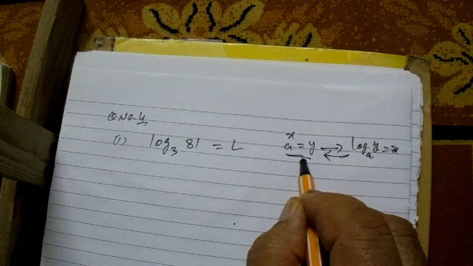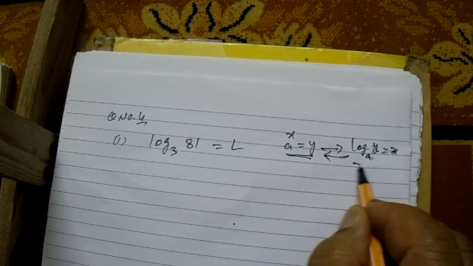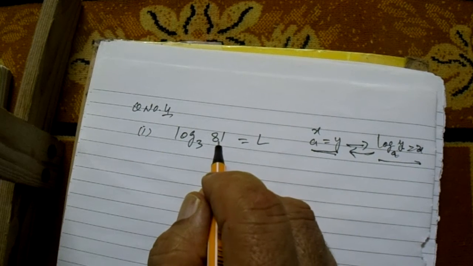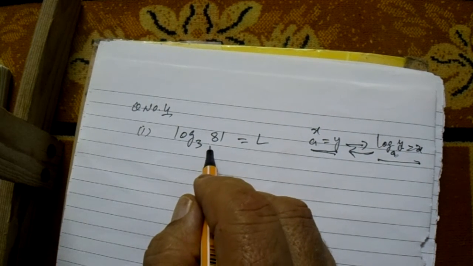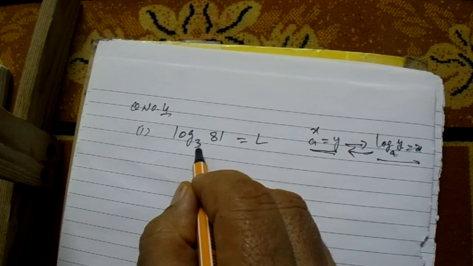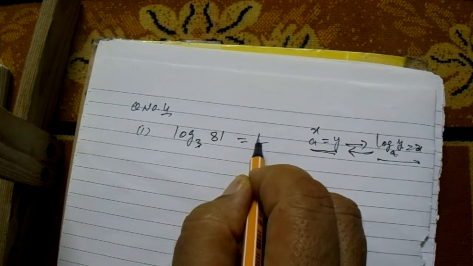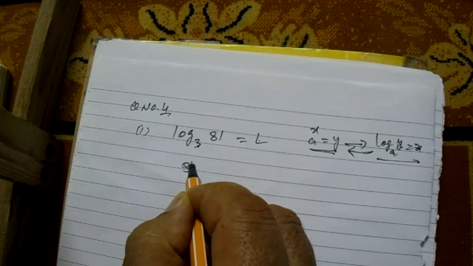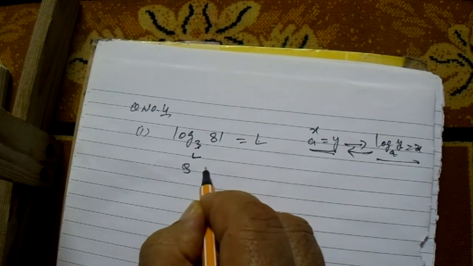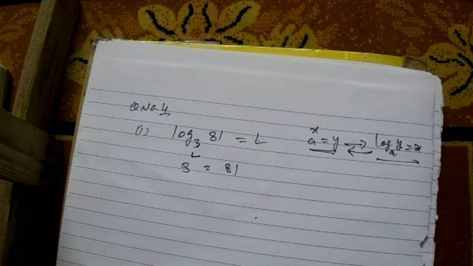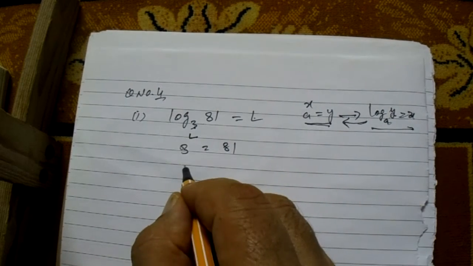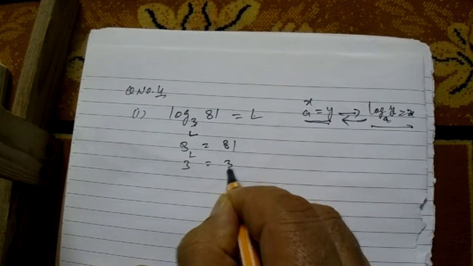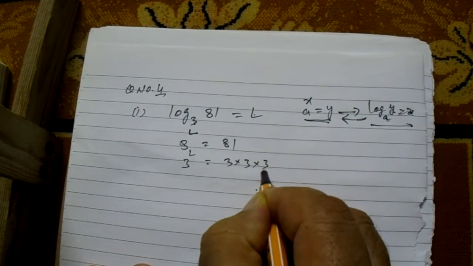This is our exponential form, and this is our logarithm form. The logarithm form is given, we write it in exponential form. Now this is 3 base L. We write 3 to the power L is equal to 81. Now 81 is equal to 3 multiplied by 3 multiplied by 3 multiplied by 3.